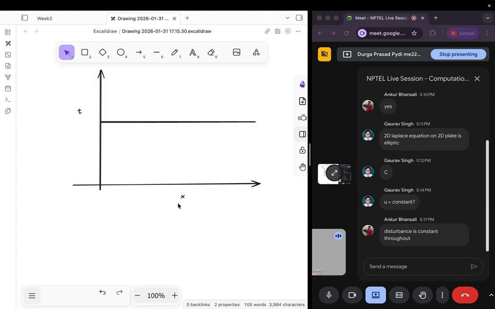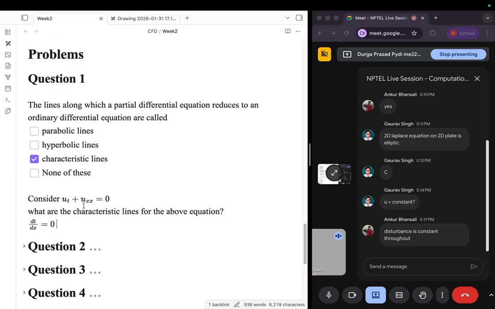So from this, how will we reach the conclusion that information is traveling at a given speed, or in all directions, or something? Disturbance is constant throughout. We cannot comment directly on the disturbance, because the strength of disturbance is the variable that we are trying to solve, u here. We are not solving the equation directly, so I do not know the functional form.